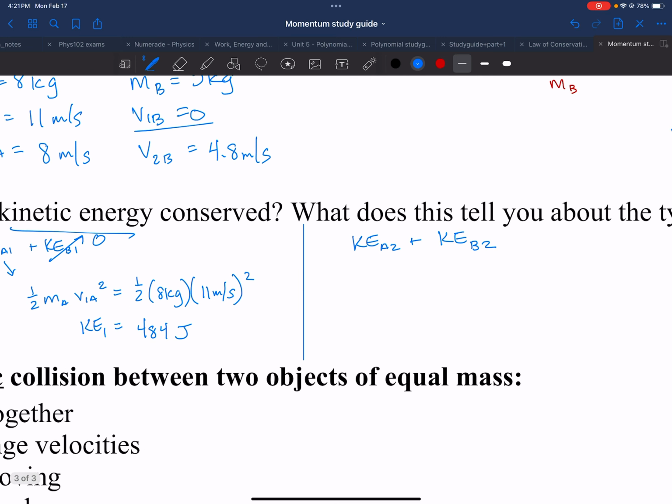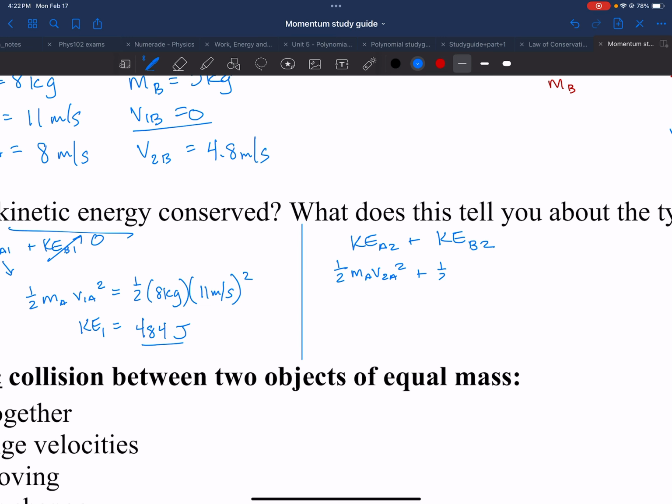And then now let's go ahead and figure out the after. So we have 1/2 MA V2A squared plus 1/2 MB V2B squared.